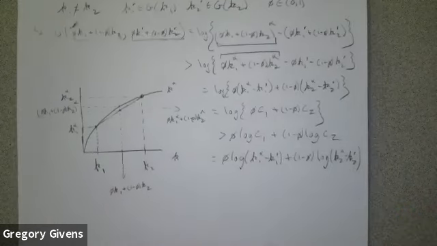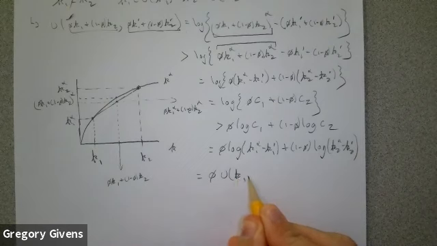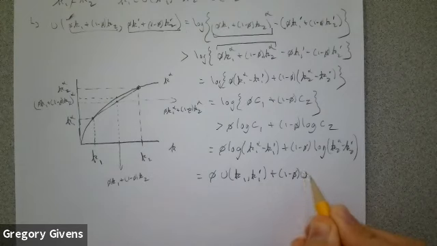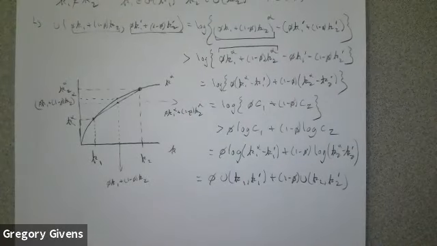And that, of course, is just phi u of k1, k1 prime, plus 1 minus phi u of k2, k2 prime. And there you go. The canonical logarithmic utility function in the growth model here will be strictly concave in k prime. Therefore, the value function is going to be strictly concave.